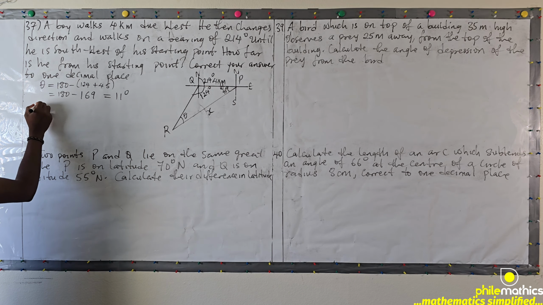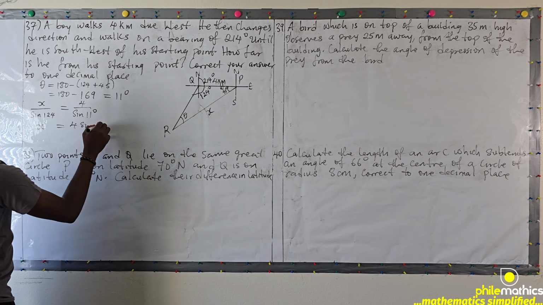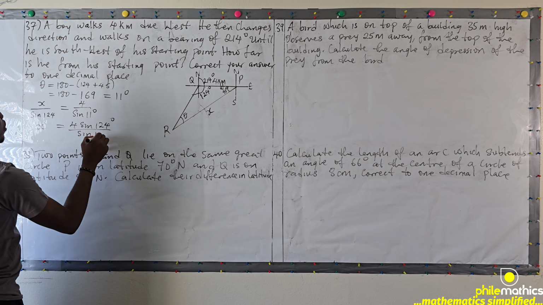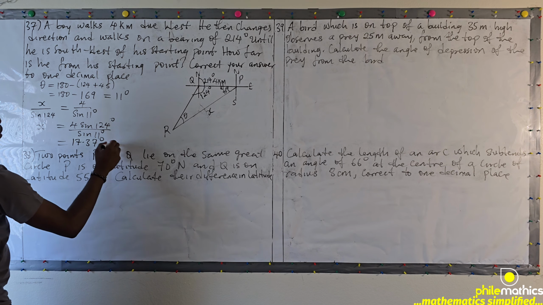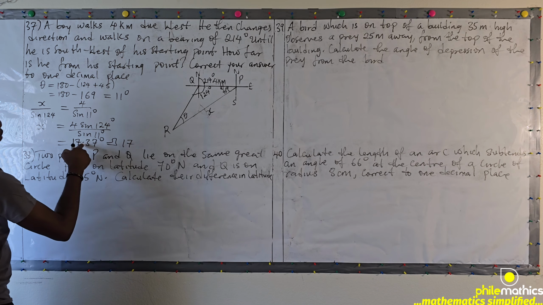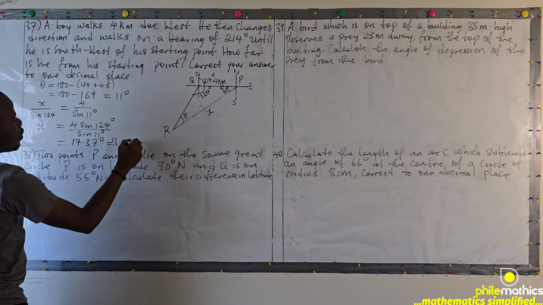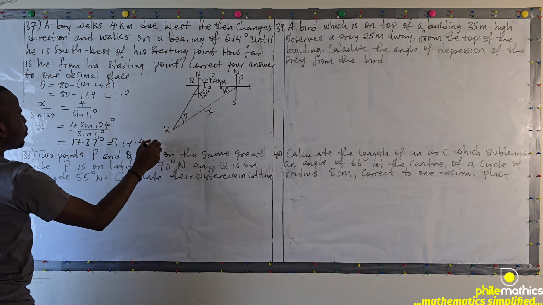This is sine rule. So to get x, it will be 4 sine 124 degrees over sine 11. If we press this on a calculator, we get 17.37. We are asked to leave it to one decimal place. The first digit after the decimal point, since this is 5 and above, we round it up and put here 17.4 km.